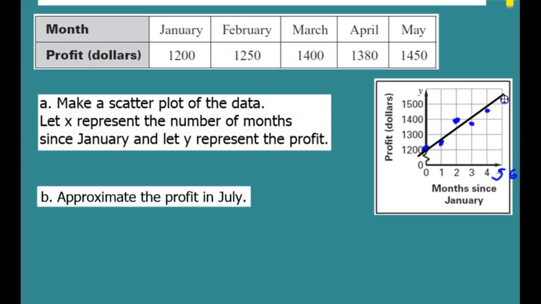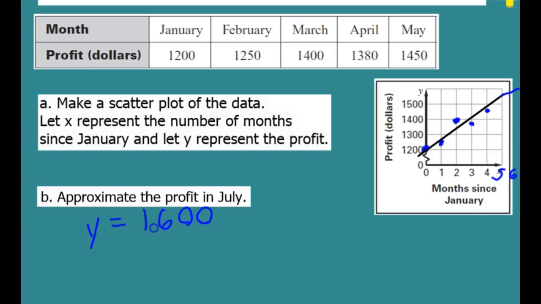So in June it was about 1550, so in July maybe about 1600. So in July, y would equal about 1600.